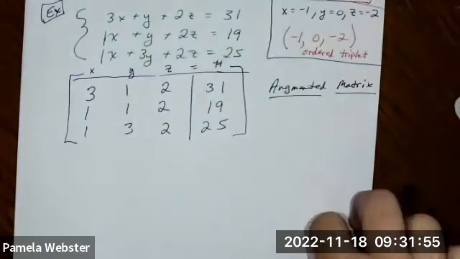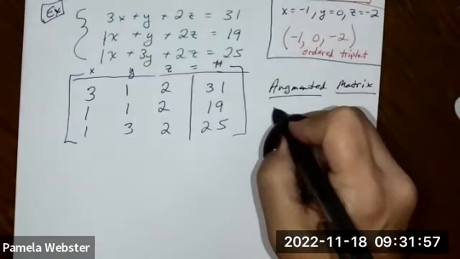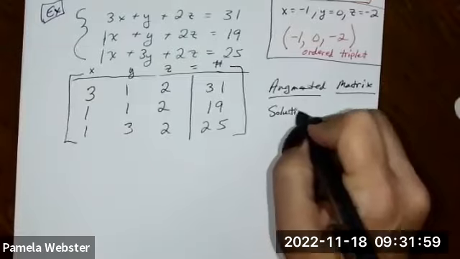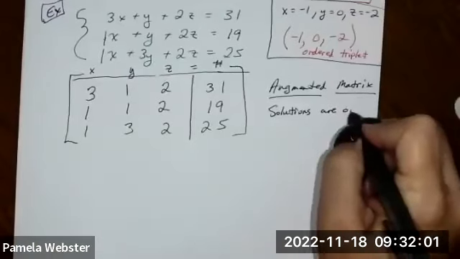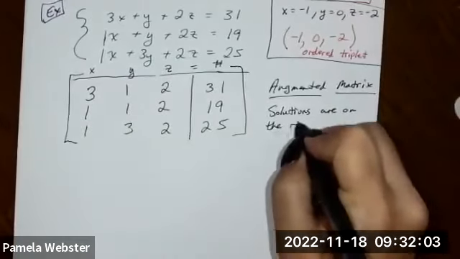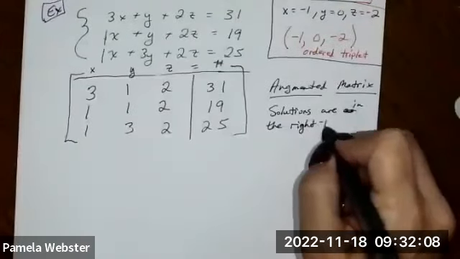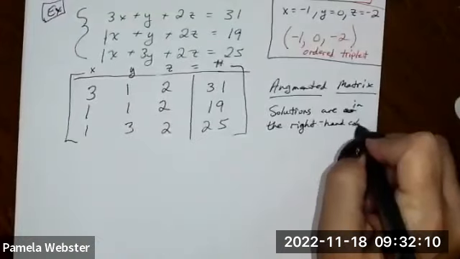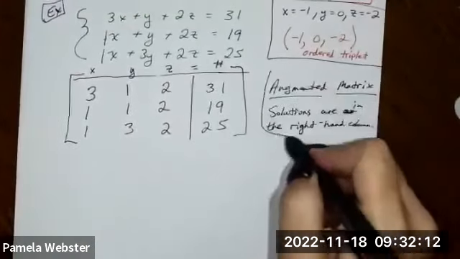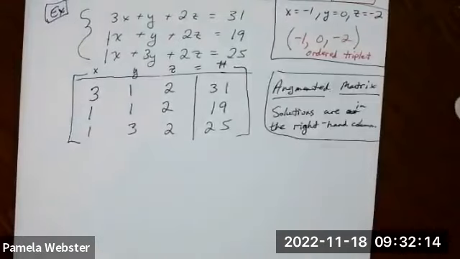But here, the solutions are on the right, or I should say in the right-hand column. So that's what augmented means. It just means it has the answers with it. And for our purposes, we're never going to do any that don't have them.